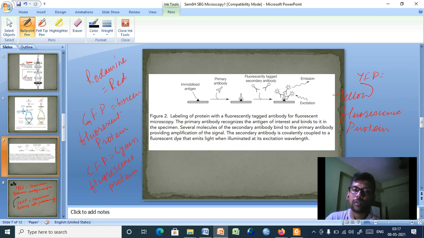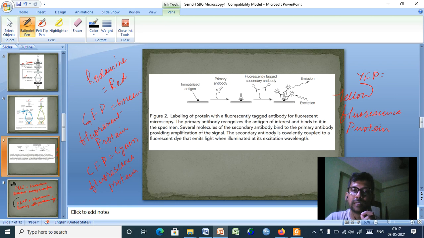The primary antibody recognizes the antigen of interest and binds to it in the specimen. So firstly, this is the immobilized antigen, a protein, and this is the primary antibody of interest, which has a specificity for this protein. Then we add a fluorescently tagged secondary antibody to the immobilized antigen.